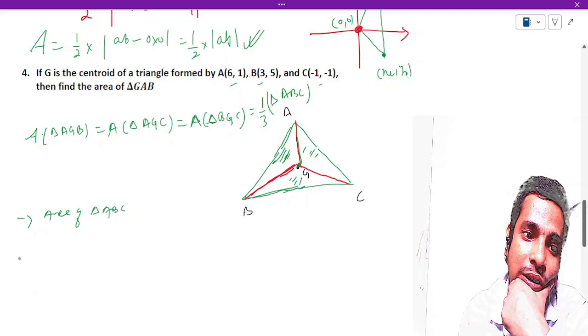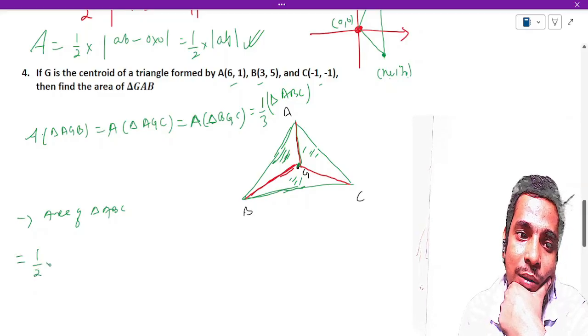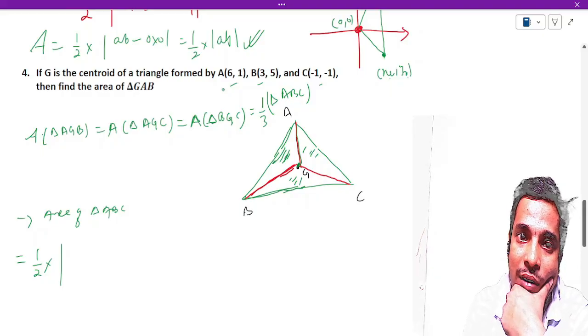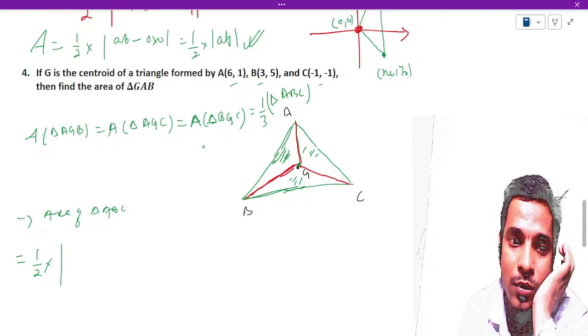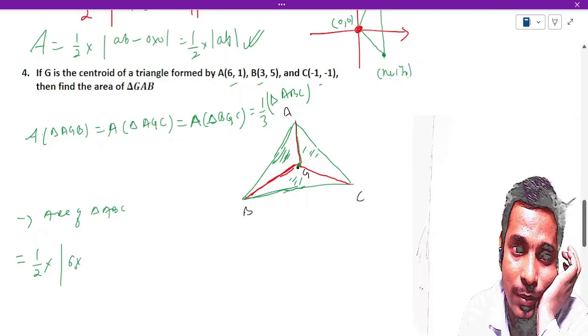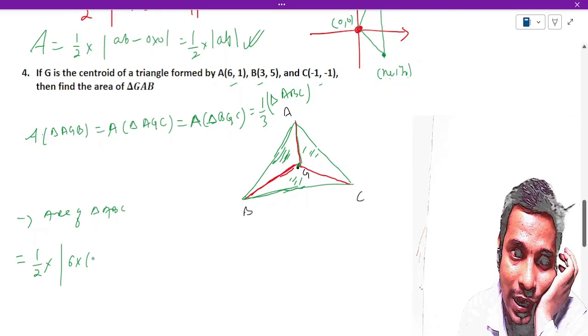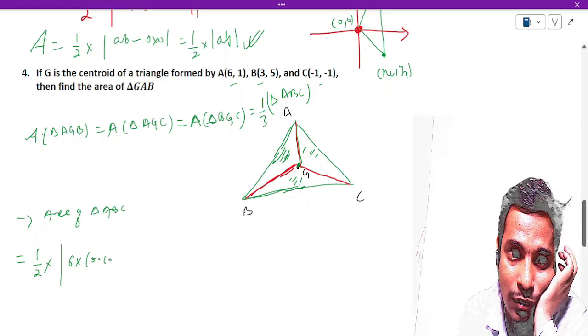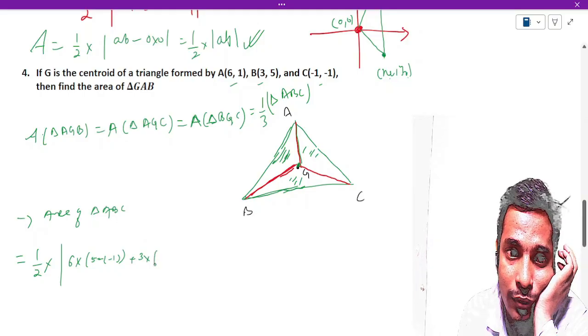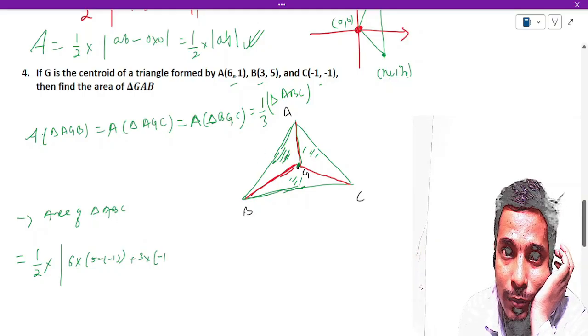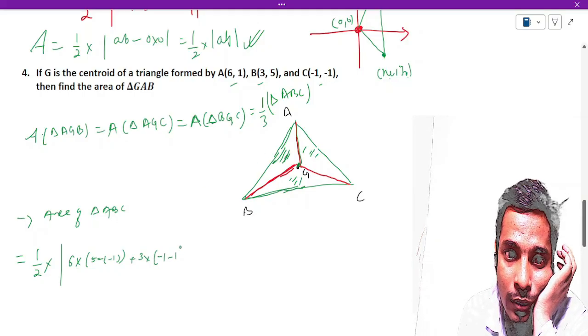So we can write it as half times the absolute value of: the first number I have taken is 6, so 6 multiplied by the difference of 5 and minus 1, so 5 minus of minus 1, plus the next number is 3 times minus 1 minus 1, right?